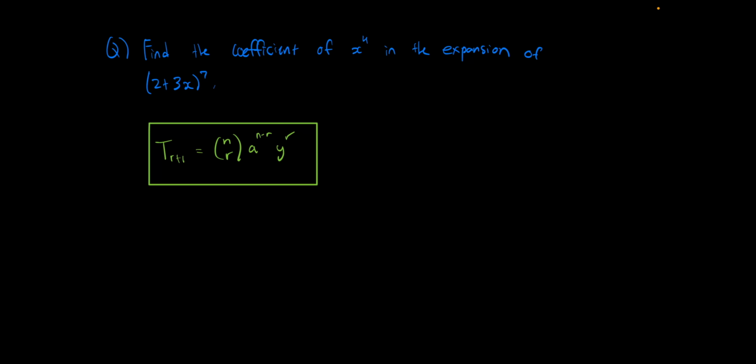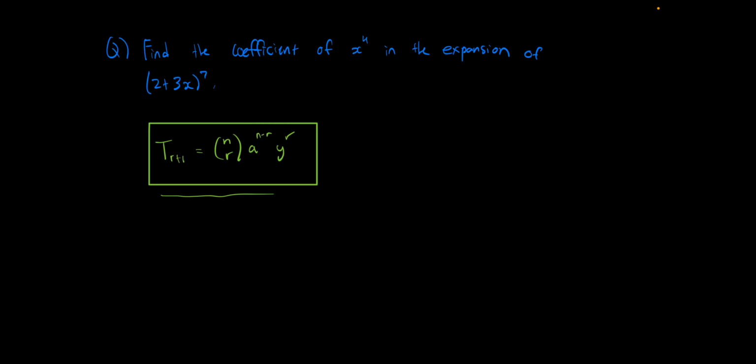Let's take a look at this question. The question asks, find the coefficient of x to the 4 in the expansion of (2 plus 3x) to the 7. So as discussed before, when we're trying to find the coefficient in front of a single term, we like to use this formula: T subscript r plus 1 equals n choose r, a to the n minus r, times y to the r.